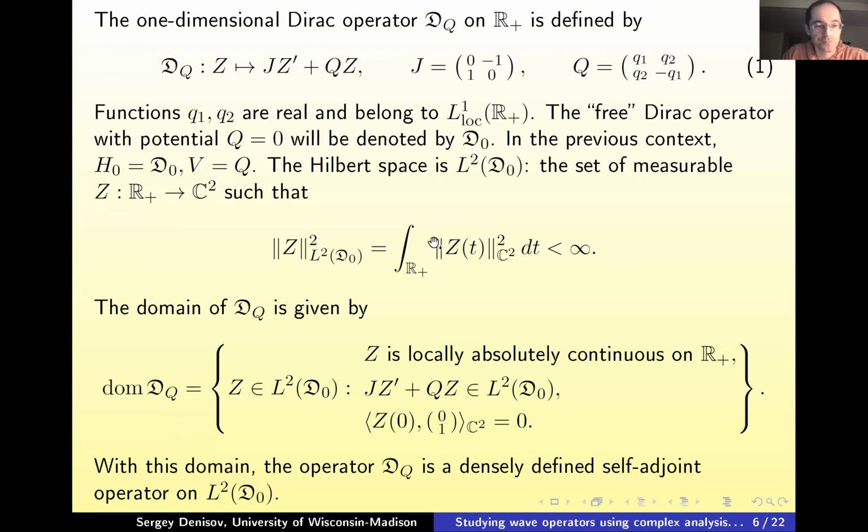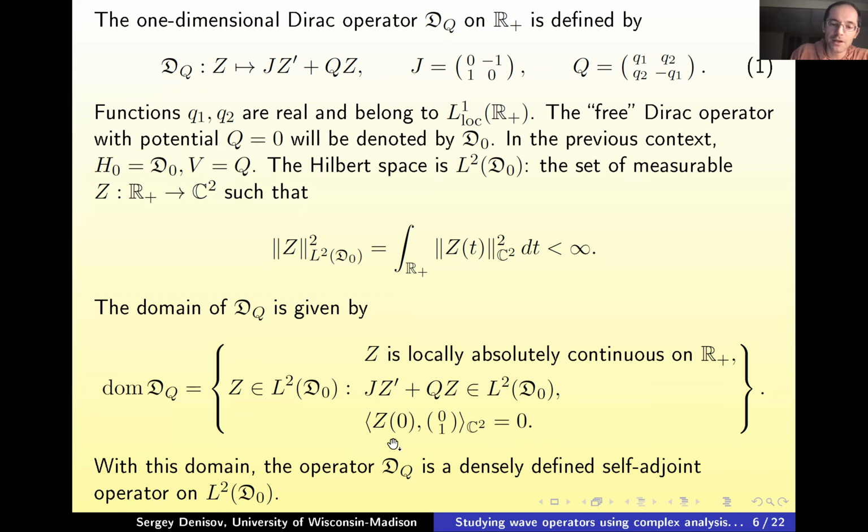Okay, so the domain of definition for this operator can be described this way. And so the first line and the second line are quite obvious. So basically, if you want to make sense out of this, you need to have 1 and 2.